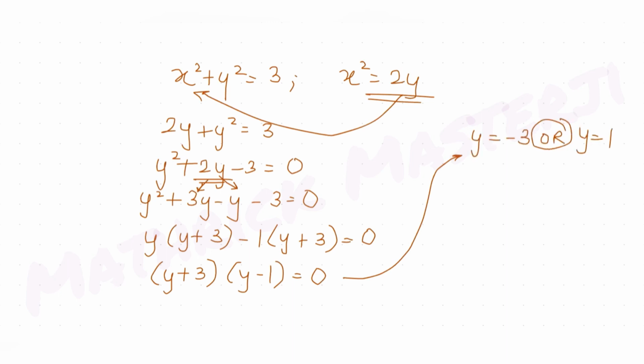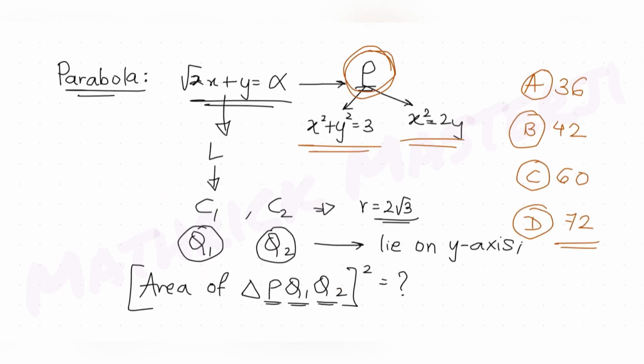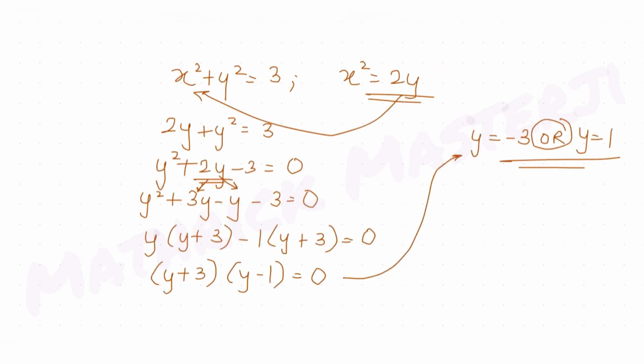Now y equals minus 3 is rejected because the line L passes through this point P, and we have been told point P is in the first quadrant, so x and y of P have to be positive. I cannot have y as minus 3. So y is for sure 1.